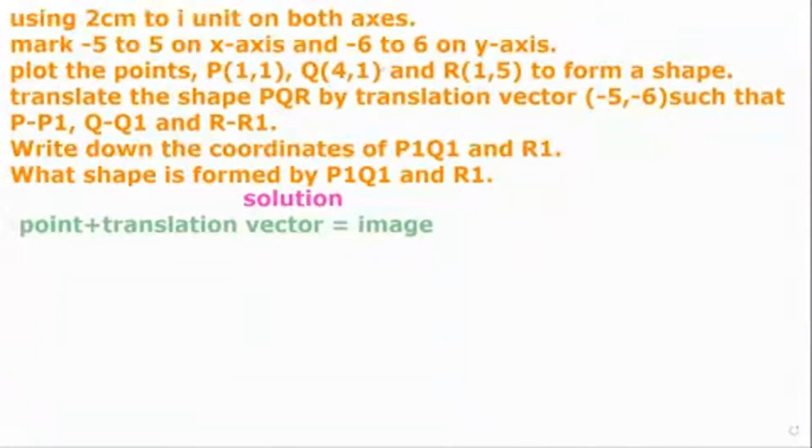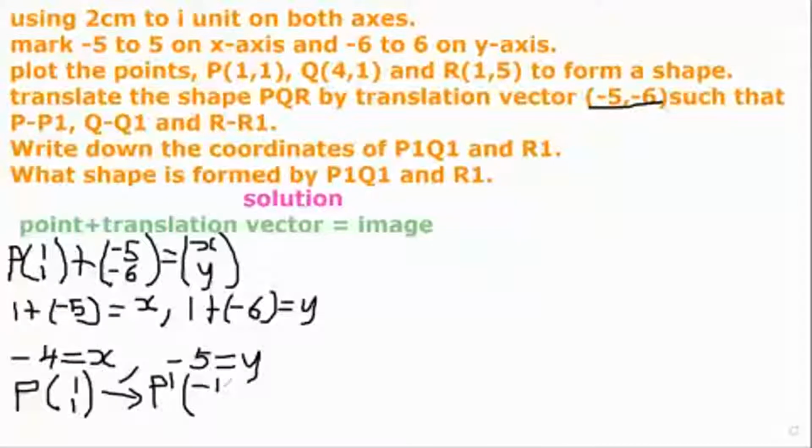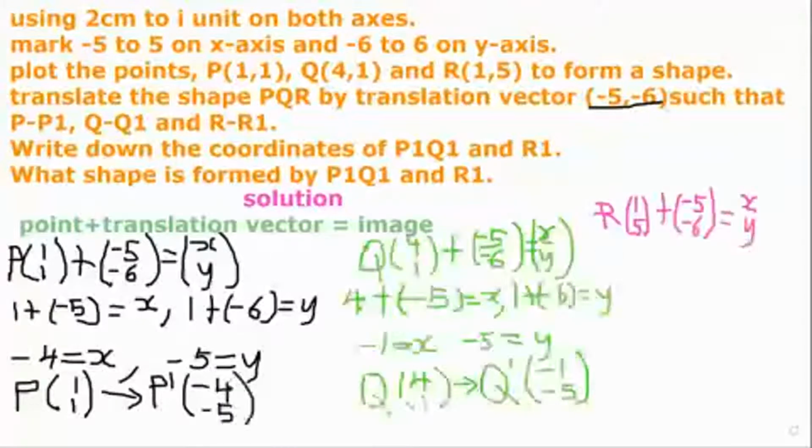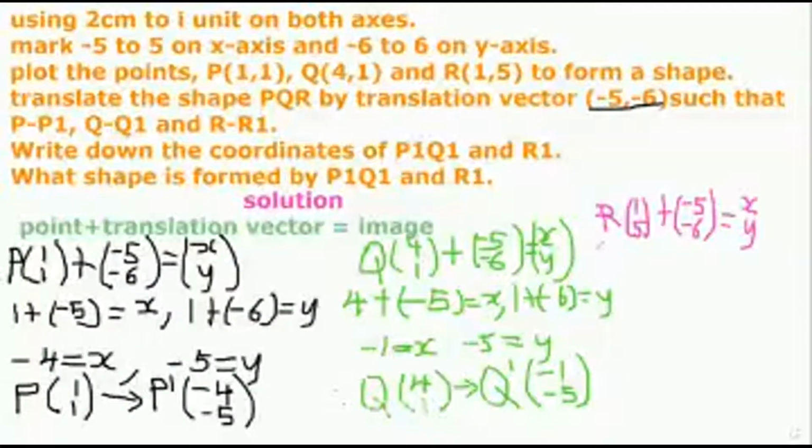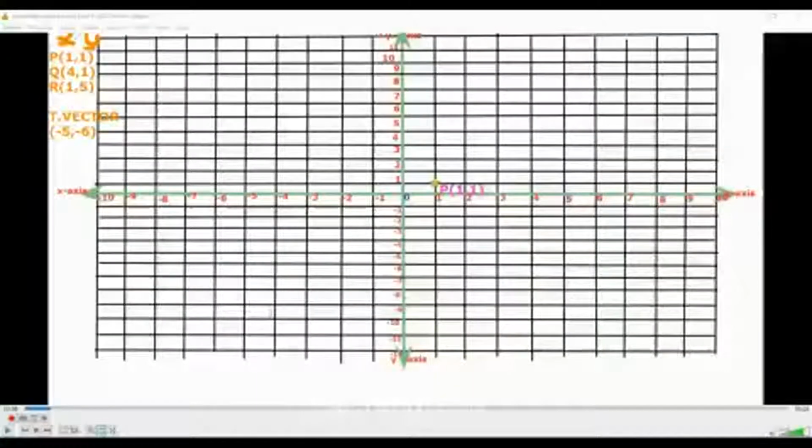Now, in equation form, we have the x and y coordinates.